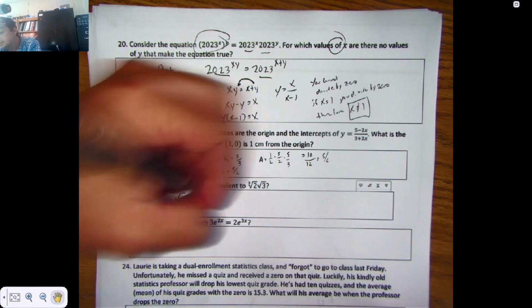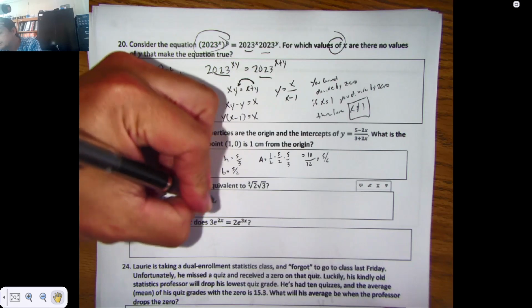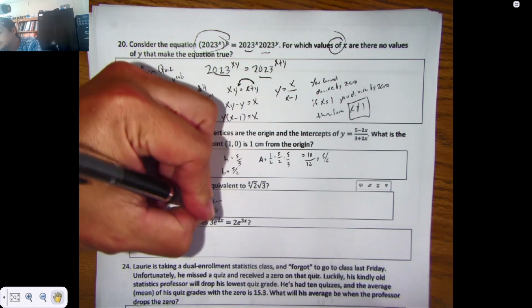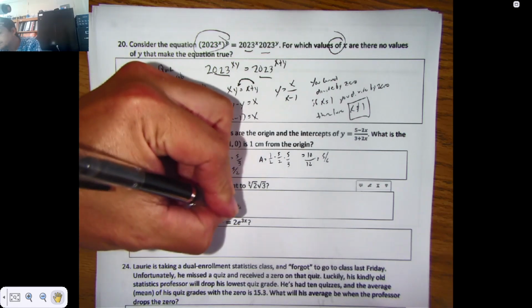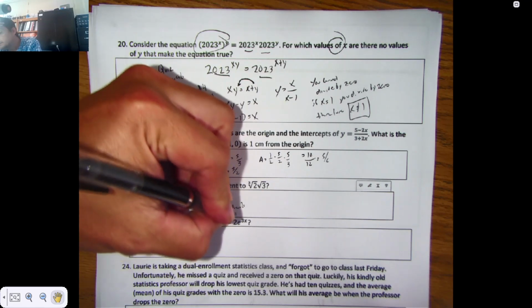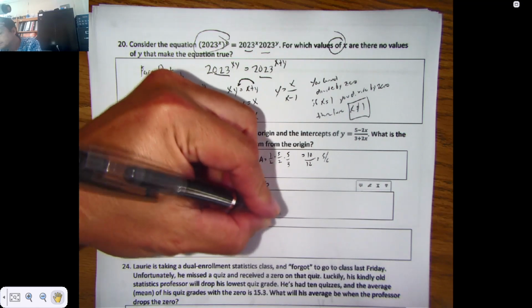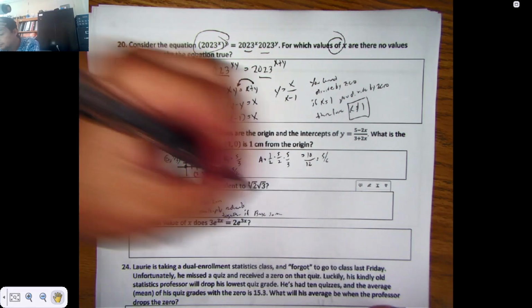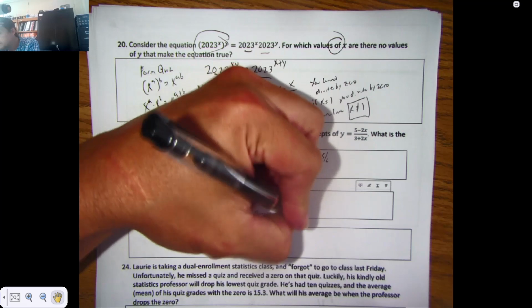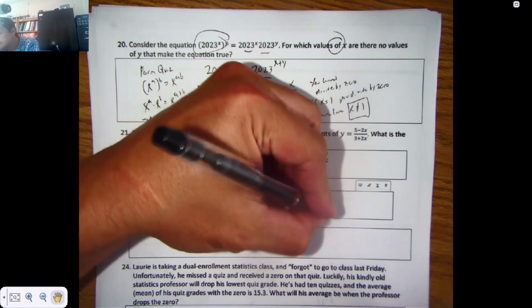Together, these two are telling you that you can multiply radicals together if the base is the same or the exponent is the same.